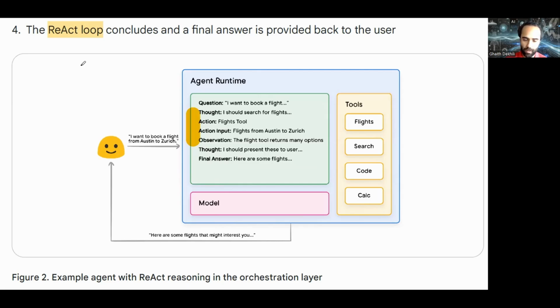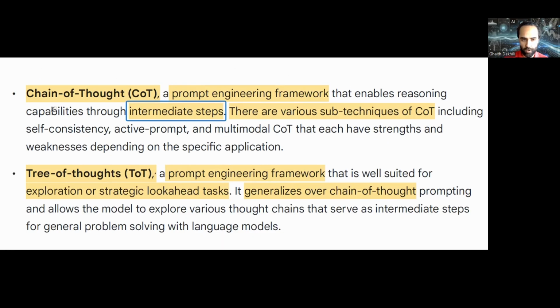It's to be noted that here we are using the ReAct framework, but we have other frameworks, as I told you in the beginning of this video, which are the Chain of Thought framework, or CoT for short. The framework enables reasoning capabilities through intermediate steps that can be defined in advance.